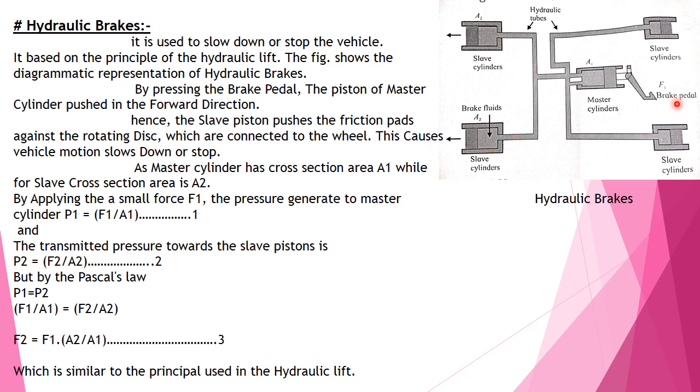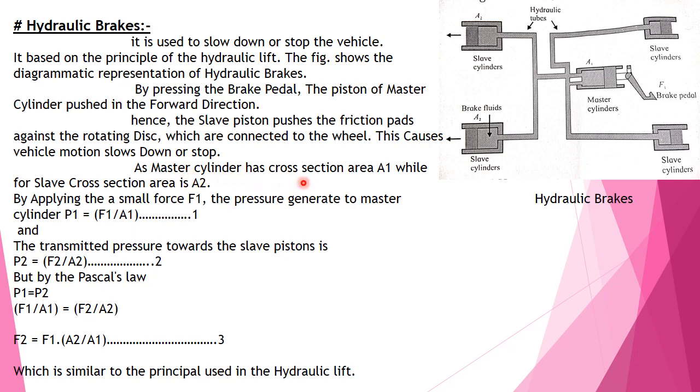If we press the brake pedal, the master cylinder gives a forward push force to the slave cylinders. The slave piston pushes the friction pads connected to the rotating disc, and this causes the vehicle to slow down or stop.